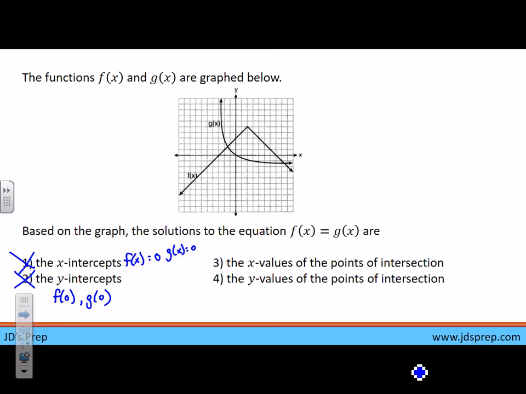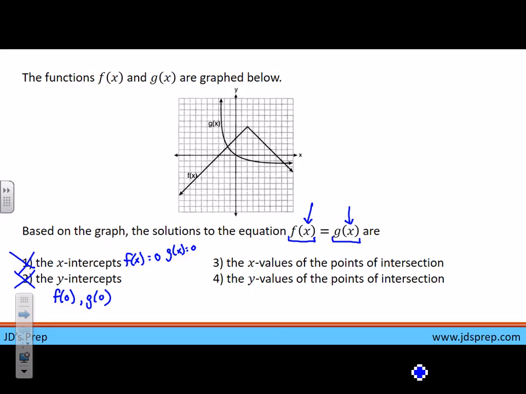With the equation f of x equals g of x, if we are looking for a solution to that equation, you're going to have the same x coordinate. And then the f of x and g of x, those are going to be your y coordinates for the point. So for solutions to that equation, you're going to get points where both the x and the y coordinates are the same for the two functions, which is why this is occurring at the points of intersection.